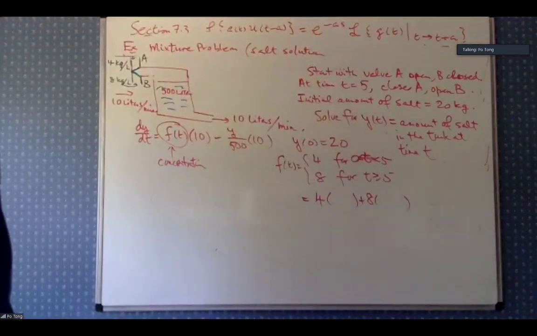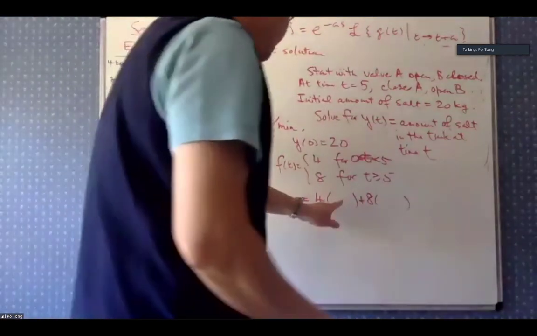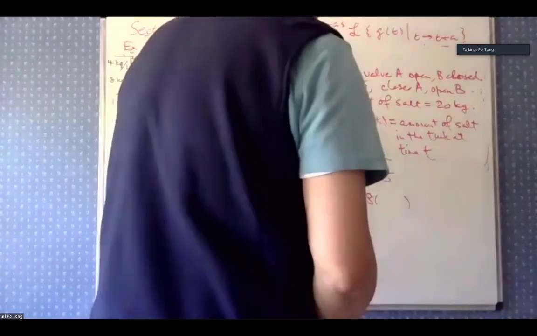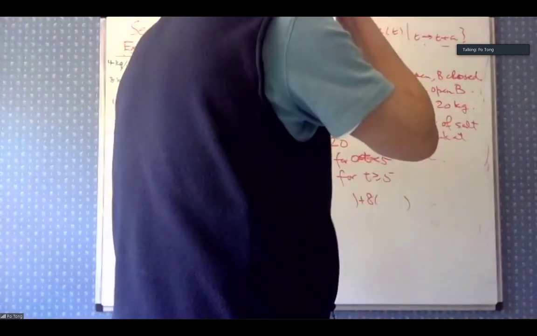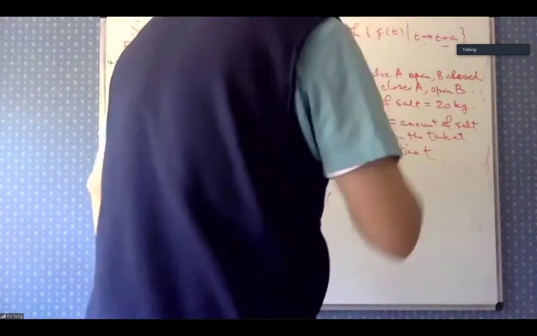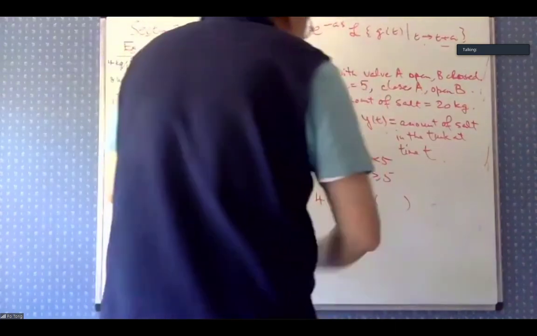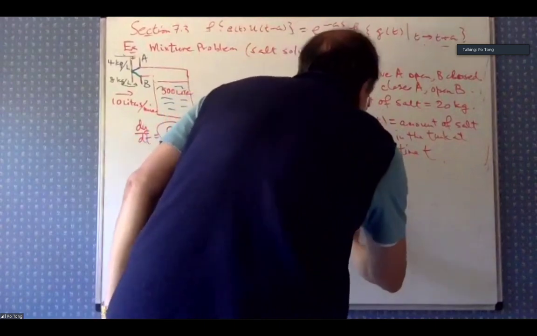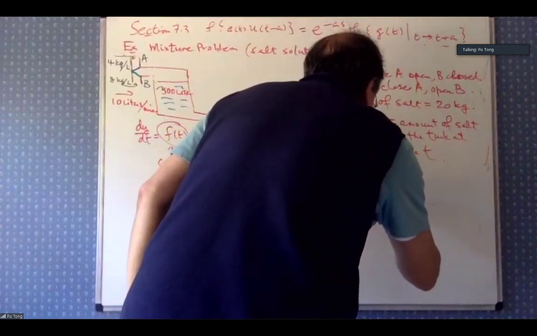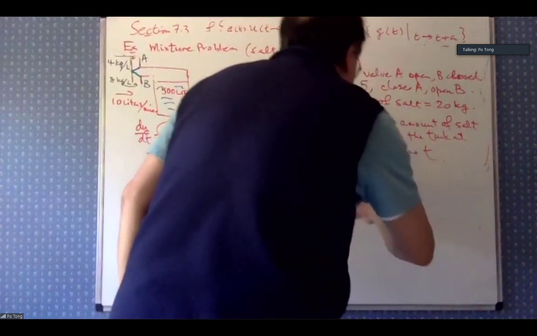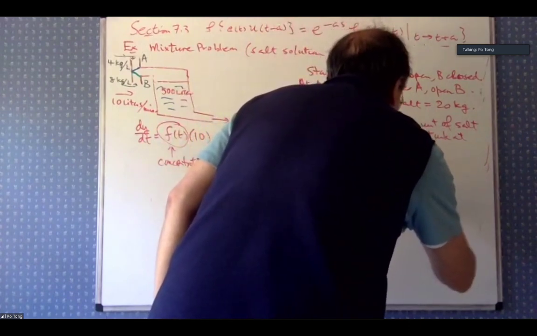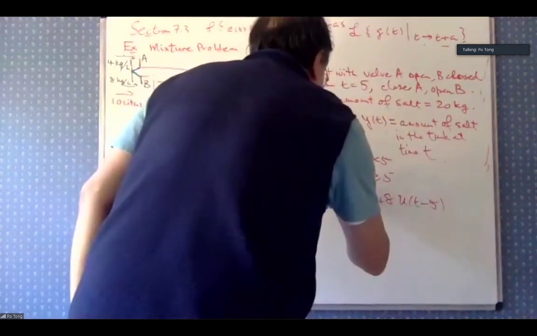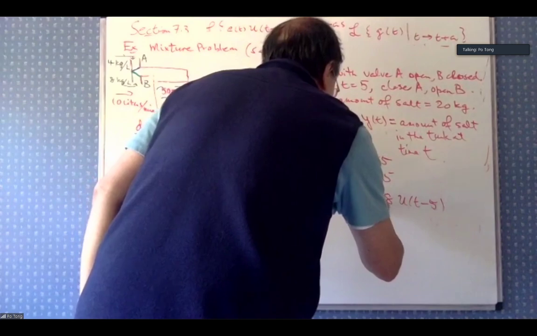Let me just write it down and see whether you guys understand this, agree or not. If not, I will explain this more. 8 times u(t minus 5), and 4 times 1 minus u(t minus 5).